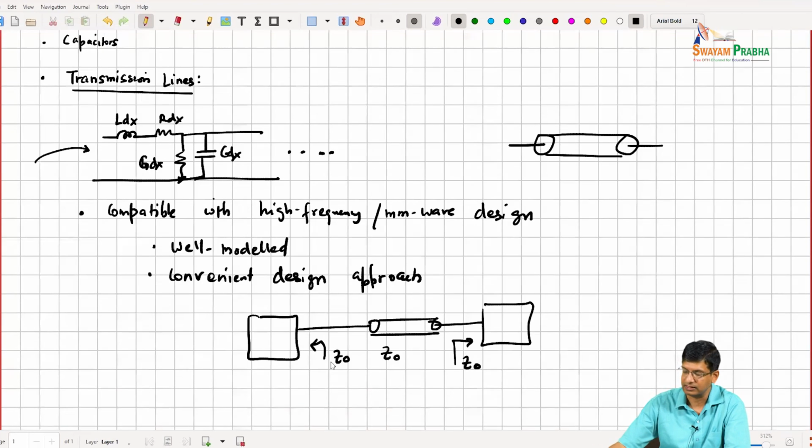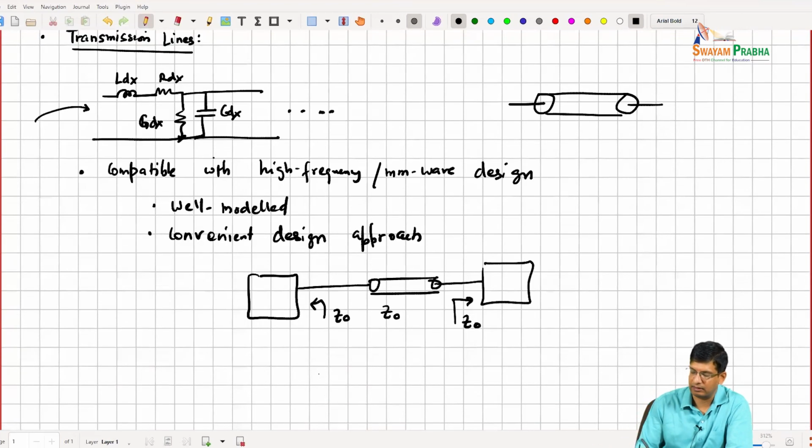So by using this kind of impedance matching at the output and the input of different blocks and interconnecting them with Z0, what we can basically do is develop an approach which does not require these two blocks to be co-designed together.